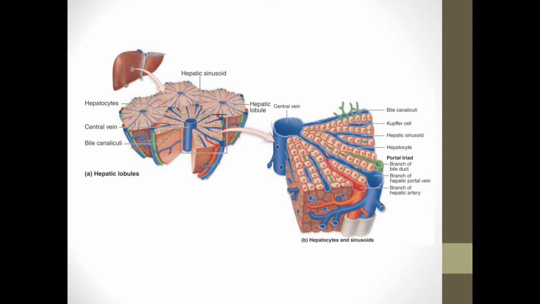A branch of the bile duct, a branch of the hepatic portal vein, and a branch of the hepatic artery form the portal triad. These portal triads are located at the periphery of the lobules. Sometimes they also contain lymph vessels.